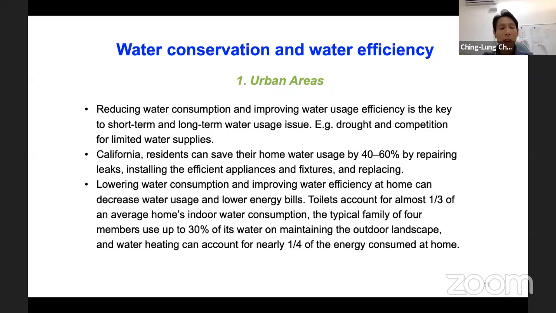In Taiwan we have many cities, and sometimes in certain cities, especially in summer, there is less water. At this moment, our government will sometimes manage the water usage for areas with low water availability. For example, sometimes our government will set up a limit.